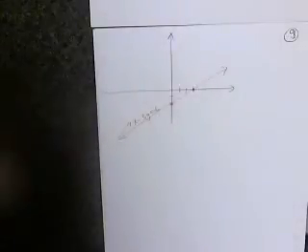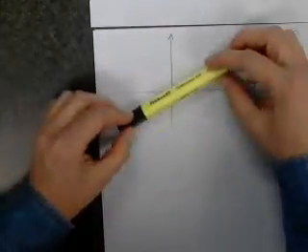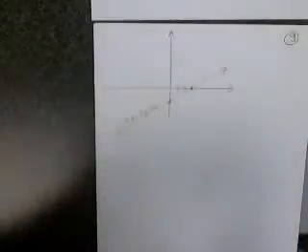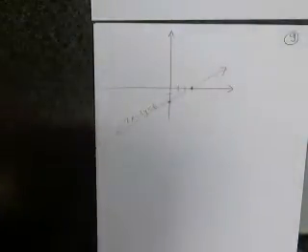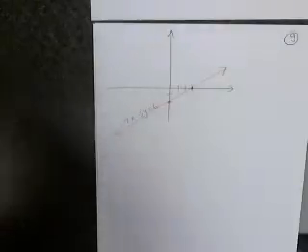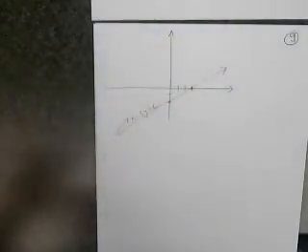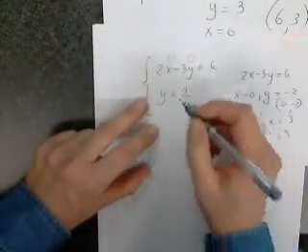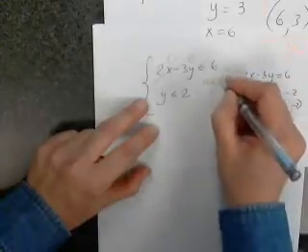I choose a point. I would like to choose a point here because the easiest point to work with is the origin. And the line does not pass through the origin. If it had passed through the origin, I would not have been able to use it. But I'm going to use 0, 0. 0 less than or equal to 6.